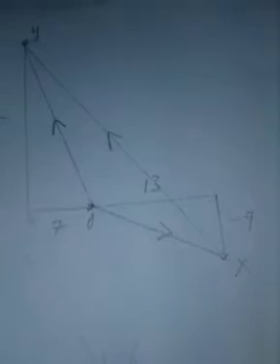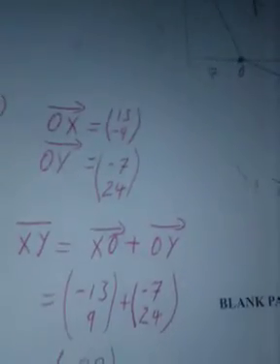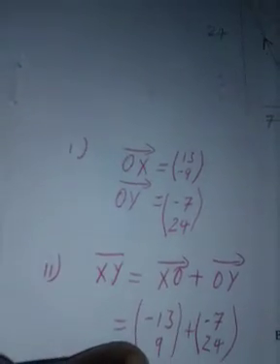So now, how do I find XY? From X to Y, I have to go this way and then that way. So it'll be XO plus OY. But XO is equal to minus OX. See OX up here? So everything changes to minus: minus 13 and plus 9.